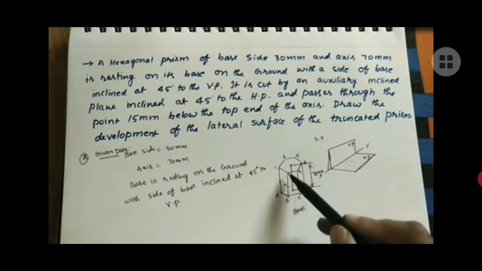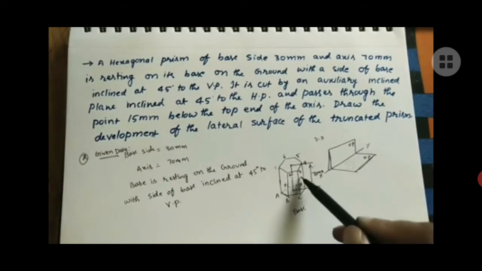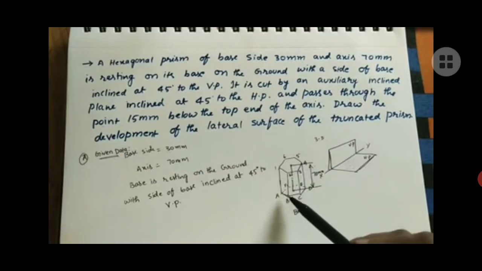How do we connect 2B to C3? This surface is 2 3 D 4, drawn with the help of rectangles.